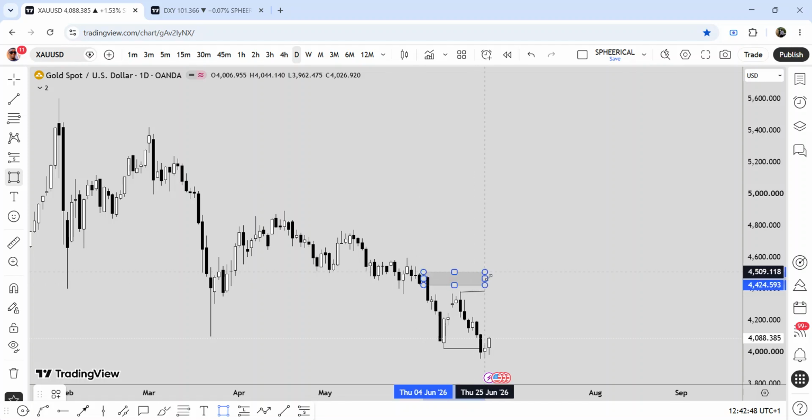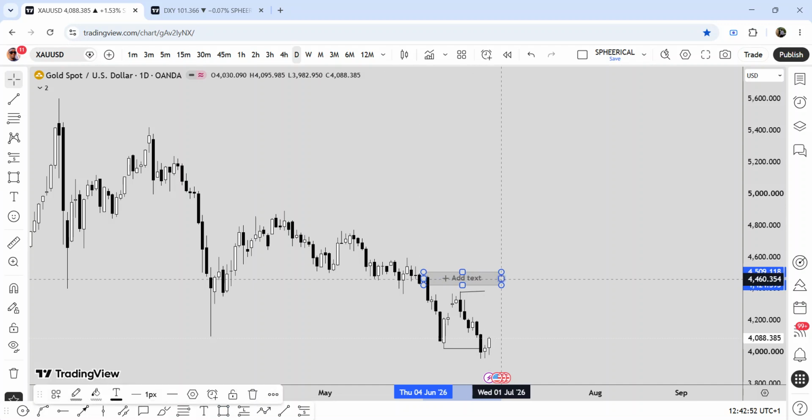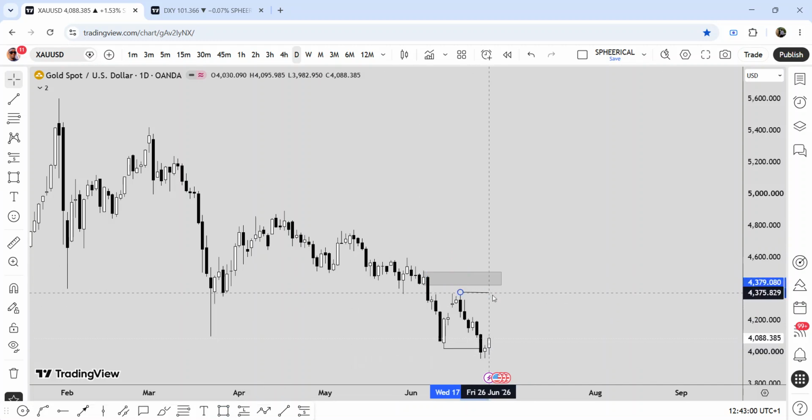So I think this market might come up here and sell. The market is retesting into this zone to sweep this liquidity. I'm not going to take any POI here because it looks like liquidity to me.